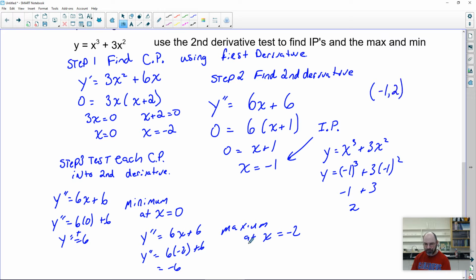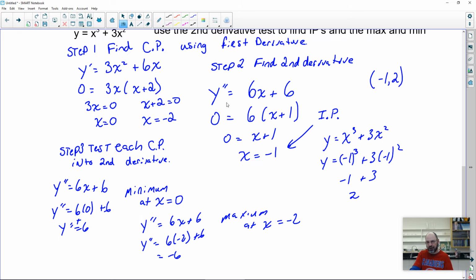If we want to, we can figure out the minimum: it's going to be 0, 0 if we plug it back in. And if we plug in negative 2, negative 2 cubed is negative 8, plus 12, so it would be negative 2 and 4. We could figure out the numbers, but if you didn't know the numbers, you just did a second derivative test. That's a quick way to check to see if it's a max or min. Another way to check your results.